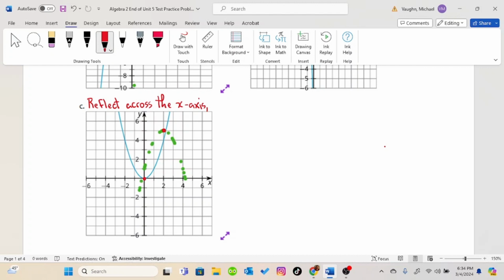So we need to shift right 2 units. And from there, we need to shift up 5 units.